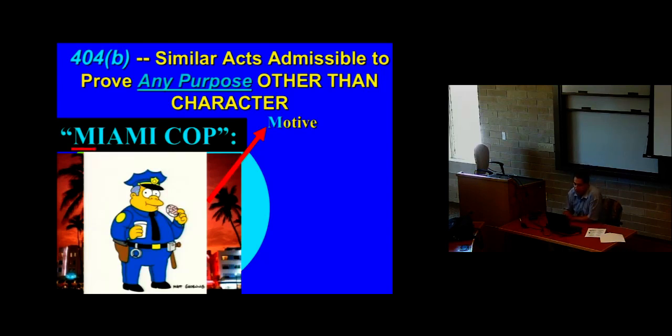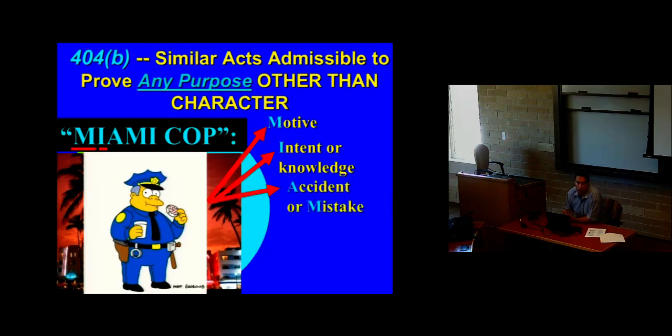Okay, and it's the same thing for the other examples. Intent or knowledge. We know that this person was purposefully trying to do this. They had the intent to do this, or accident, or a mistake, or a lack of accident or mistake. Let's say that the defendant broke into a safe of the victim, right?